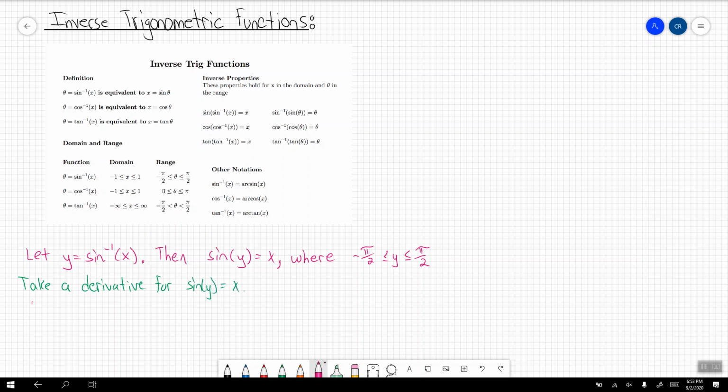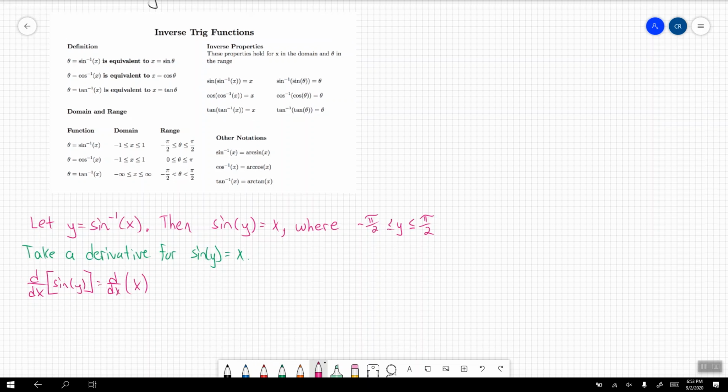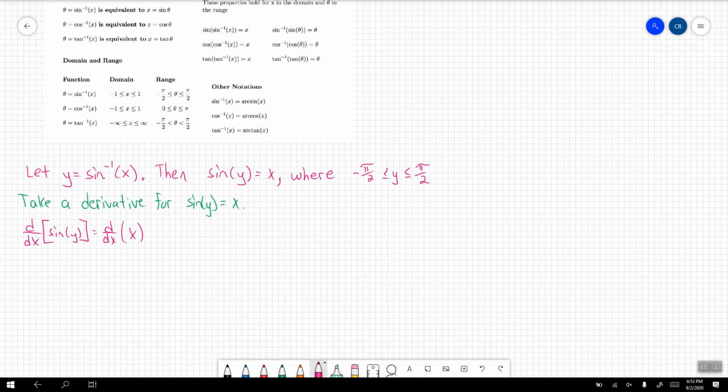Now, when we do this, we're going to take a derivative with respect to x. So notice this derivative is not going to be with respect to y, but instead it's a derivative with respect to x. And the reason I want to do this is because on the right-hand side, when I take the derivative of x with respect to x, then we naturally wind up with 1.